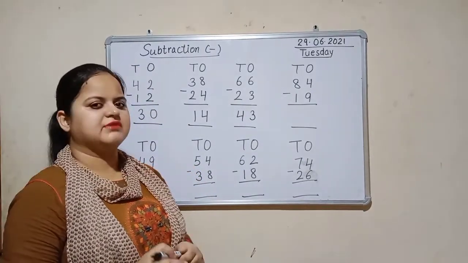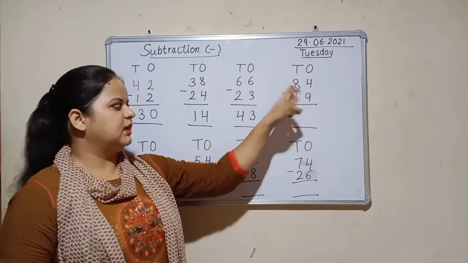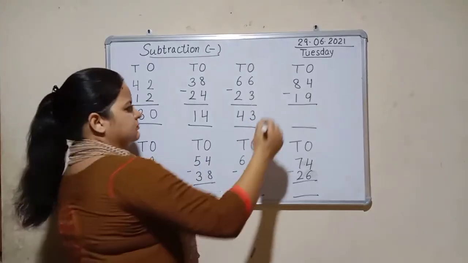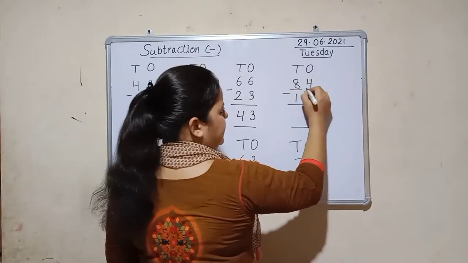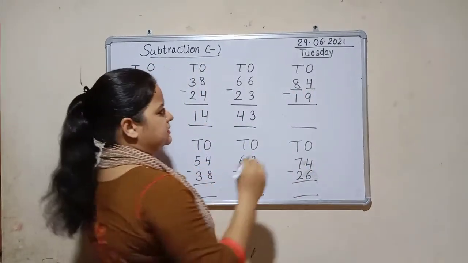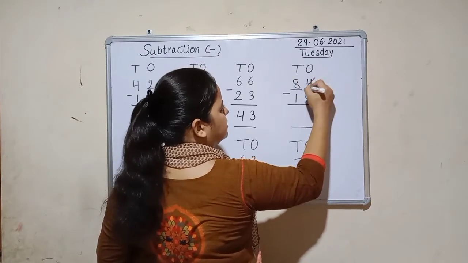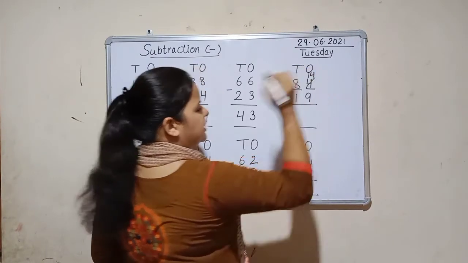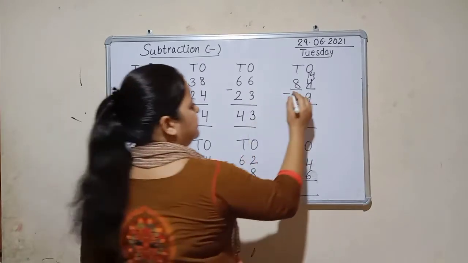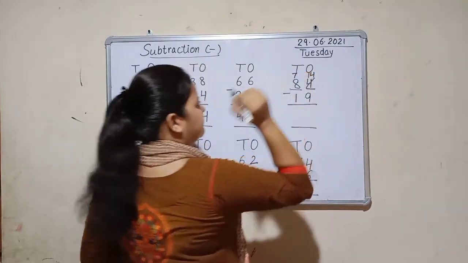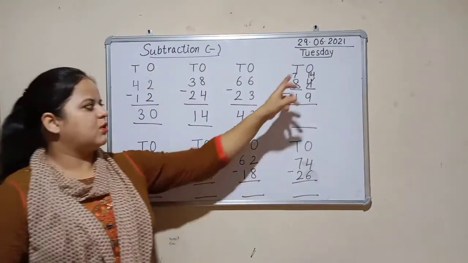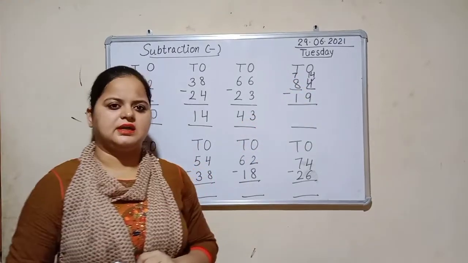Yes, 4 will take one borrow from 8 tens. This is tens and this is only ones. So 8 में से अगर ये 1 borrow लेता है तो this is now 14 and 8 tens is now 7 tens.